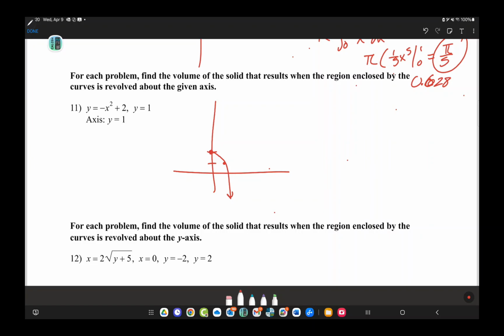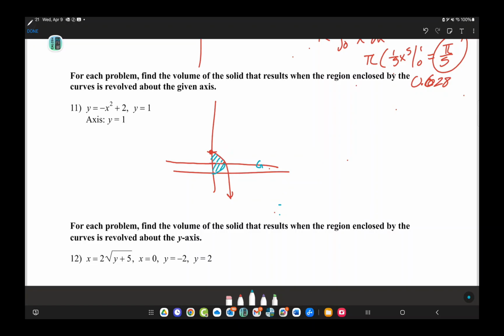Y equals 1 is this line right here, and we're rotating around y equals 1, so this is the line of rotation as well. So this area is being rotated around this line, giving us this.